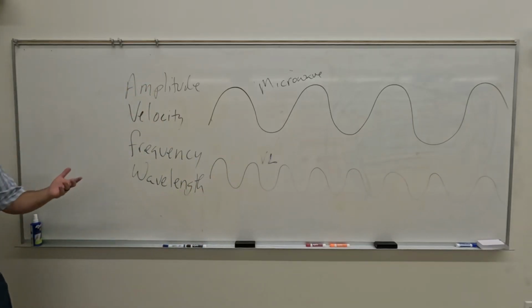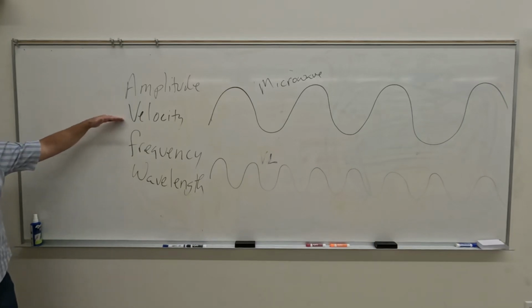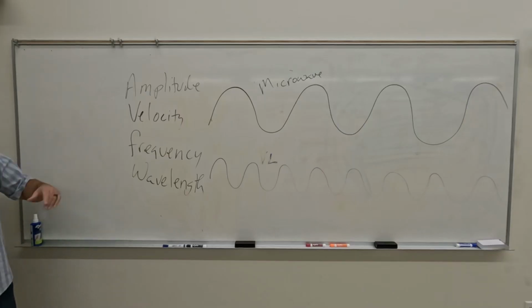But if they're all traveling at the same velocity, being the speed of light, then we can keep our velocity constant, and we're going to do a couple of visual exercises.